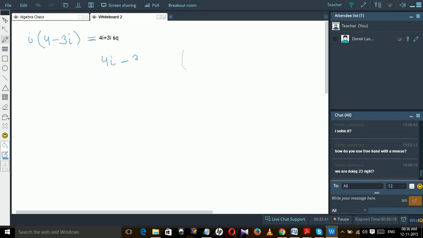It will be like, when you open the bracket, it will be 4 iota minus 3 iota square. So when you put the value of iota square, that is -1, then you'll get 4 iota plus 3.